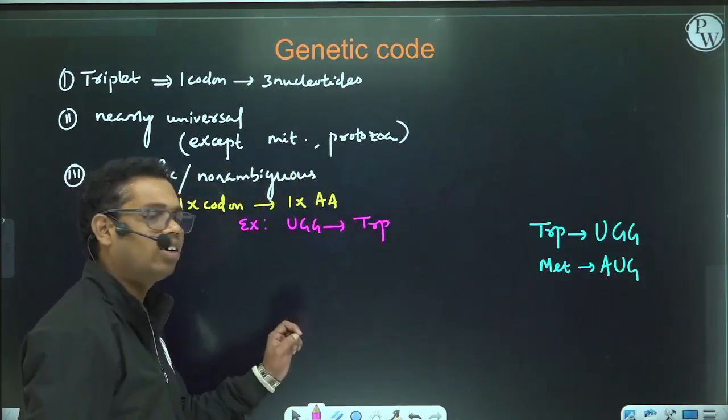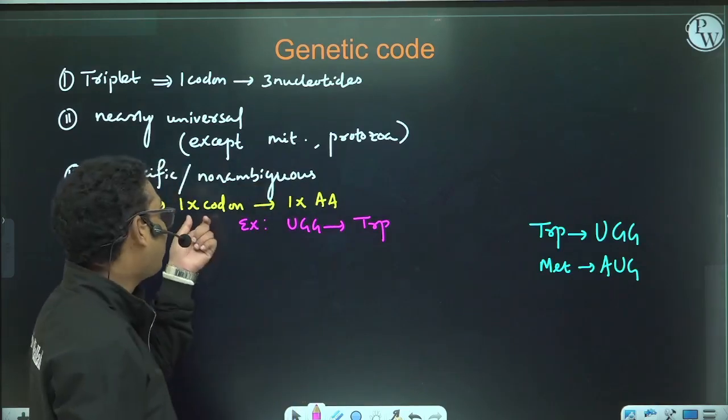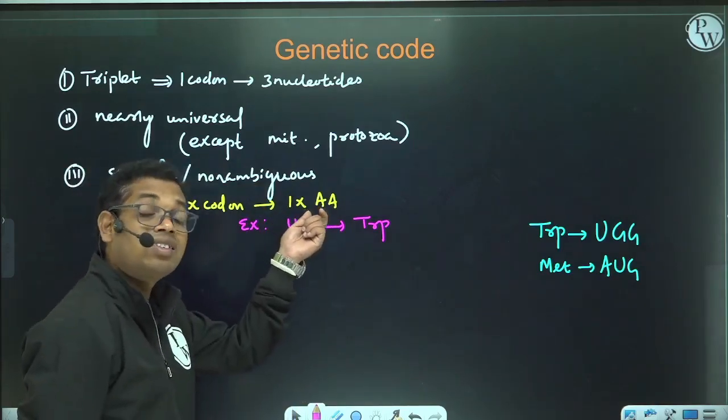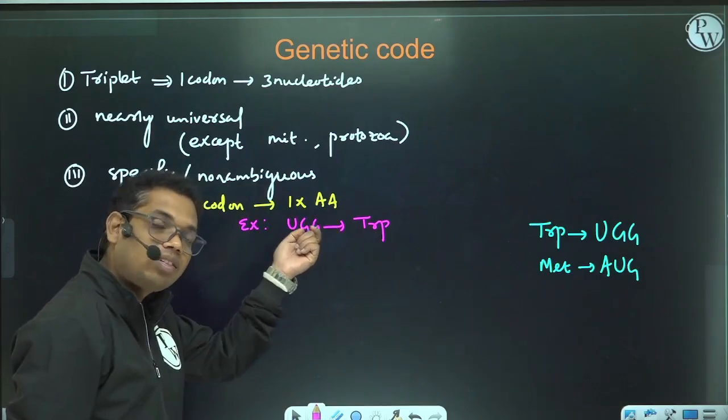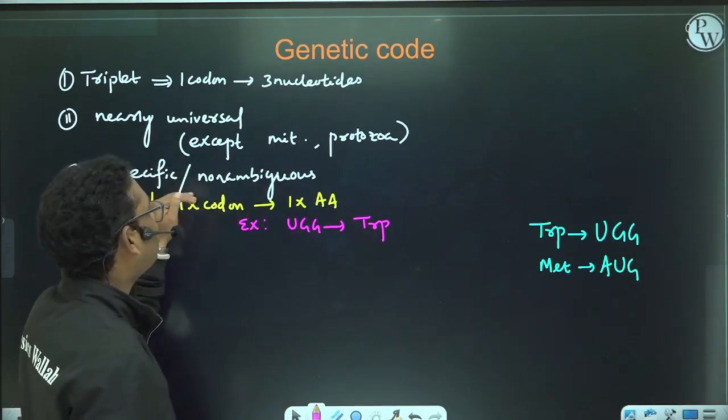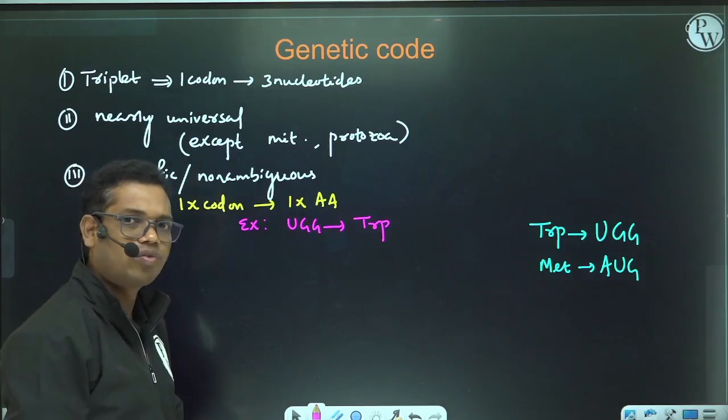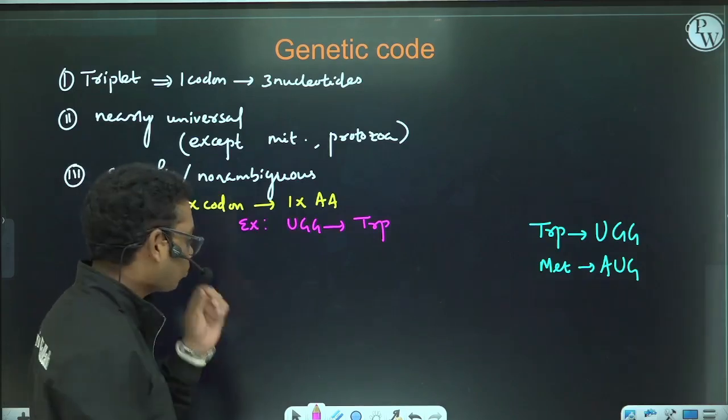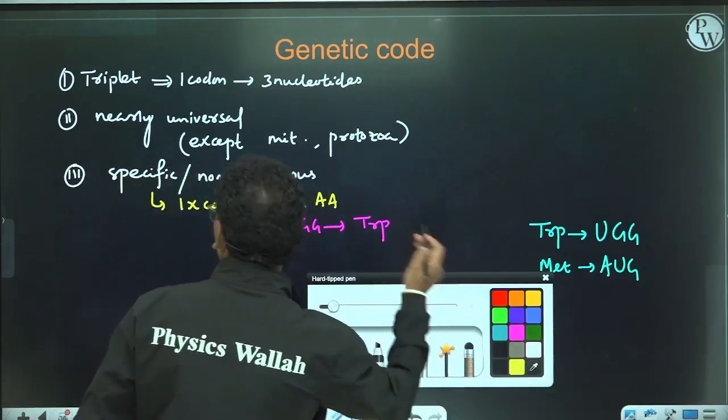It will not code for any other amino acid. So if a given codon codes for the same amino acid all the time, that is called the specificity of the codon or non-ambiguous nature of the codon. Clear?